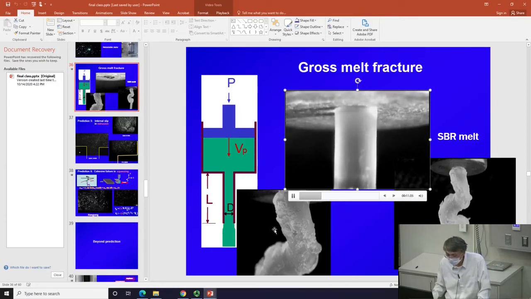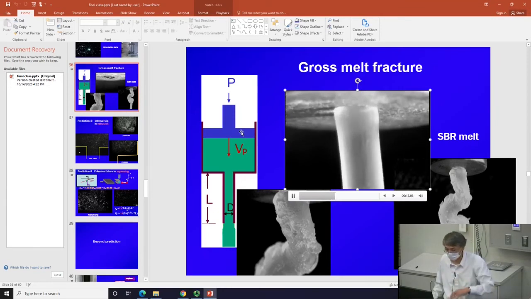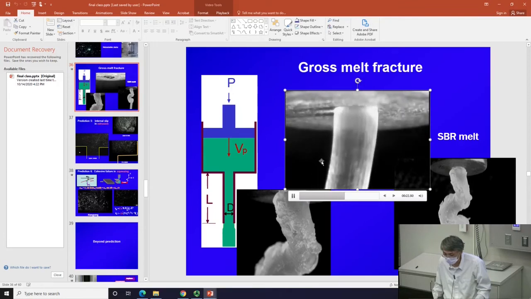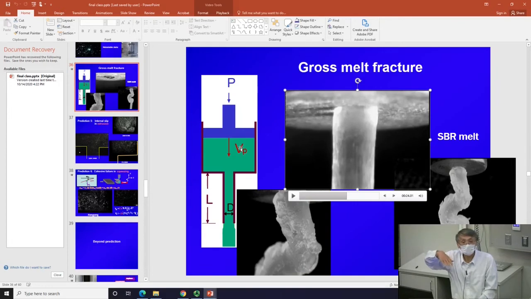So the material actually was first, this actually is pressure-driven rheometry. So the material was first, let me stop the movie for the moment, squeezed to fill the die. Okay? The die is now filled up, just like depicted here. Then you stop your pressure and come back in an hour. Why do you do that? Well, keep in mind what's going on here.